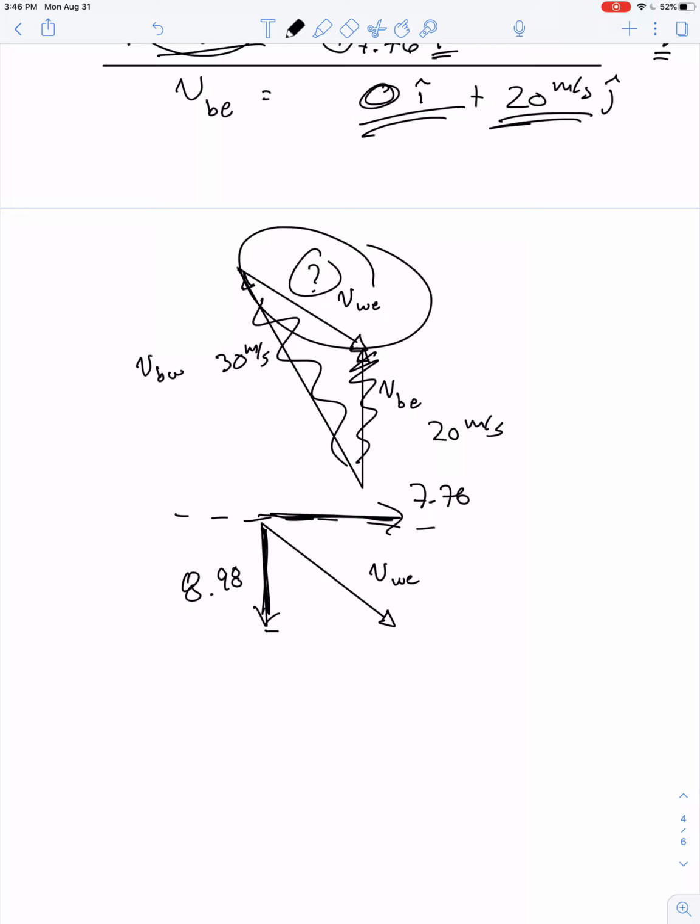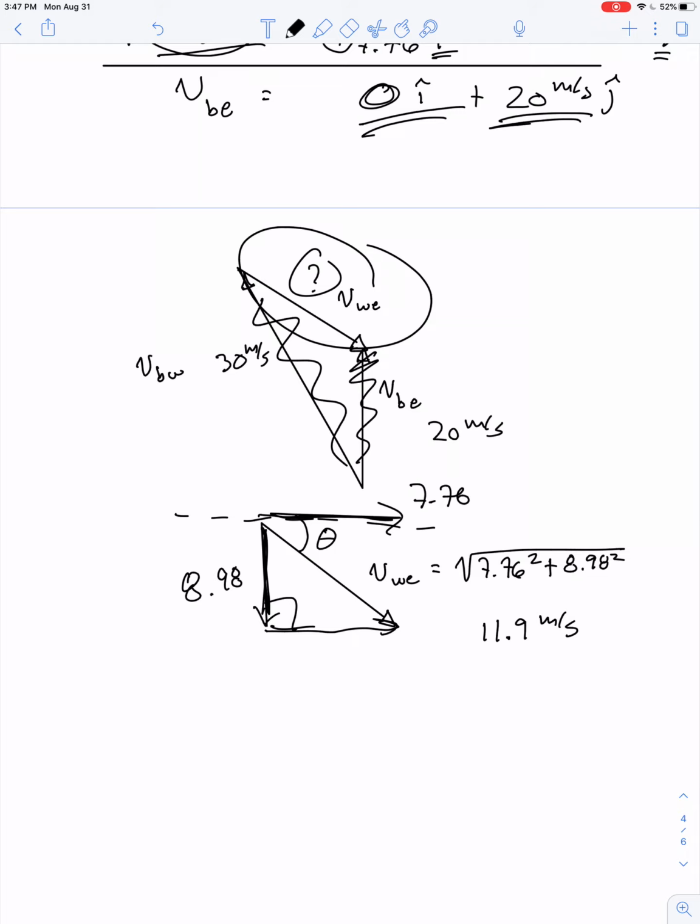And so if we slide these vectors around, we see a right triangle, and we can just use the Pythagorean theorem and take the square root of 7.76 squared plus 8.98 squared. And we get about 11.9 meters per second.